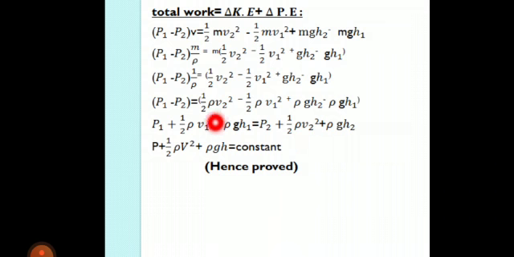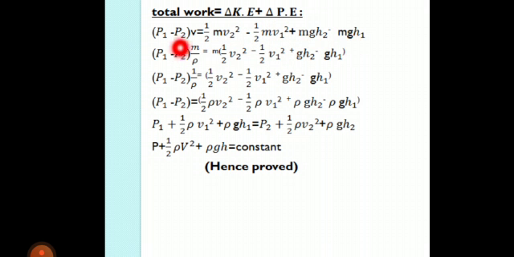Now we set the total work equal to the change in kinetic energy plus the change in potential energy. Total work is equal to (P1 minus P2) times total volume, and the change in kinetic energy equals 1/2 mv2² minus 1/2 mv1², plus mgh2 minus mgh1.